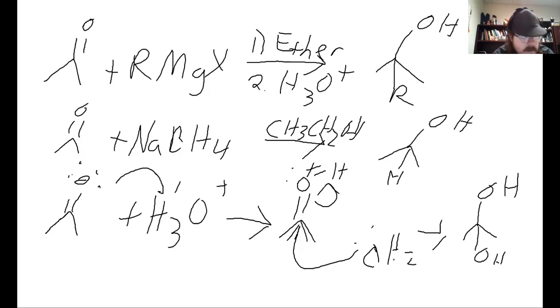Essentially, the hydrogen cannot be donating much electron density into the carbon. The carbon has a greater positive charge compared to this.